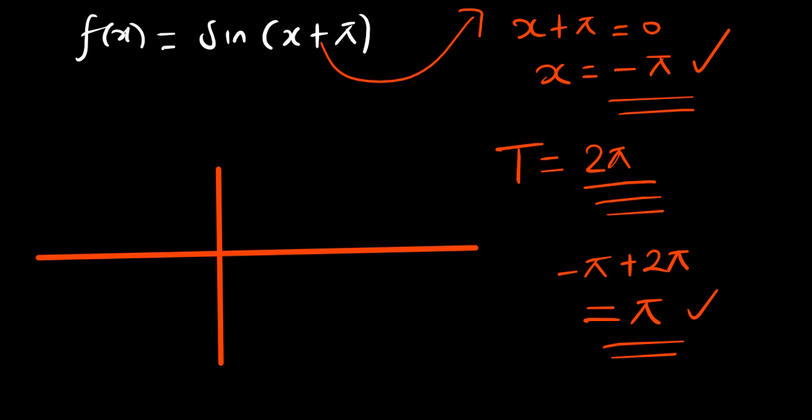Because we've got an amplitude of 1, allow me to write my 1 here and negative 1. But now we've said this graph is starting at negative pi, so let's say negative pi is here. Between 0 and negative pi, the half of that is negative pi over 2. Then on the other side, it's also going to end at pi. Now between 0 and pi, it is just the half of that, which is pi over 2.